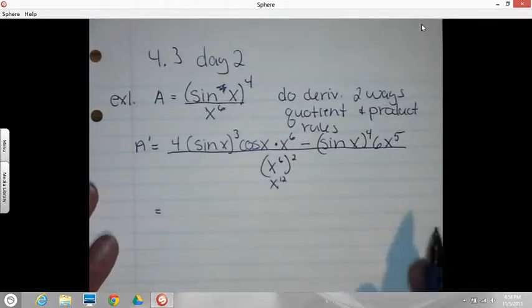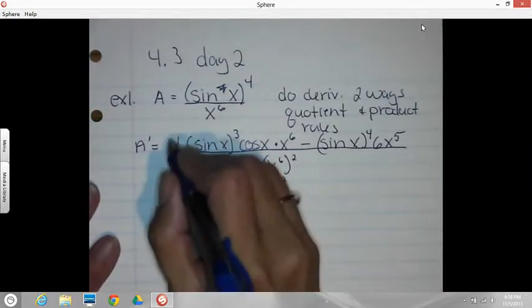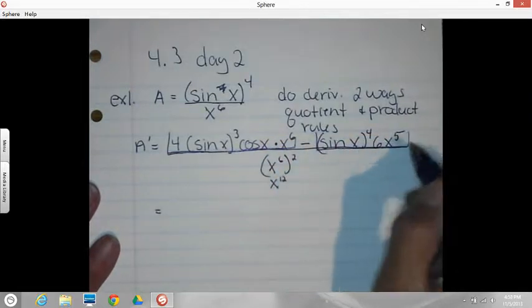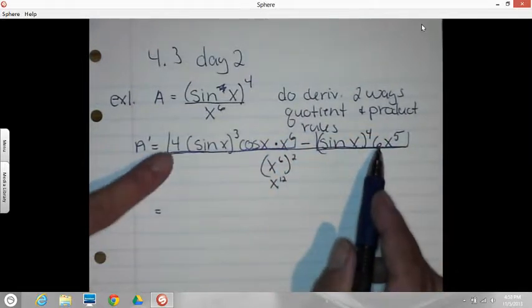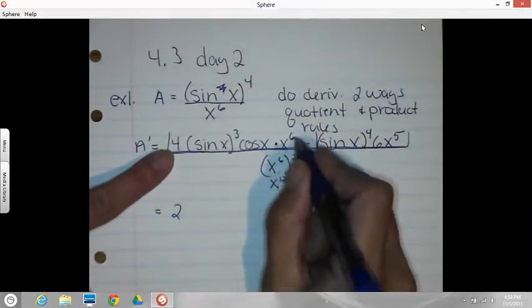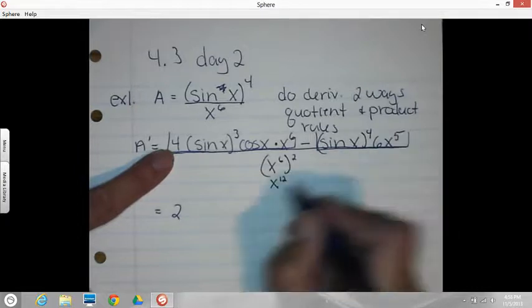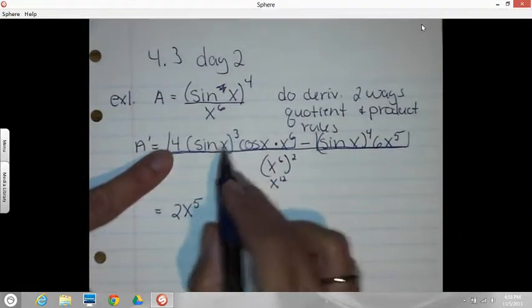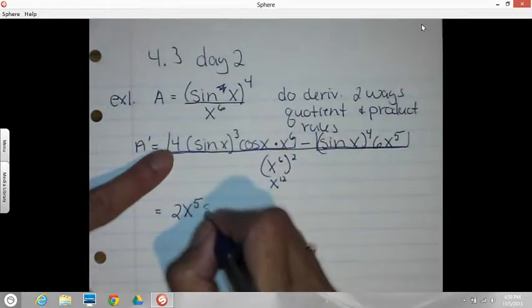So we're going to factor the top. The top has 2 baskets, this one and this one. So we've got a 6 and a 4. We can take out a 2. I've got x to the 6th and x to the 5th, so I can take out an x to the 5th. I've got 3 of the sine x's and 4, so I can take out 3 of them.